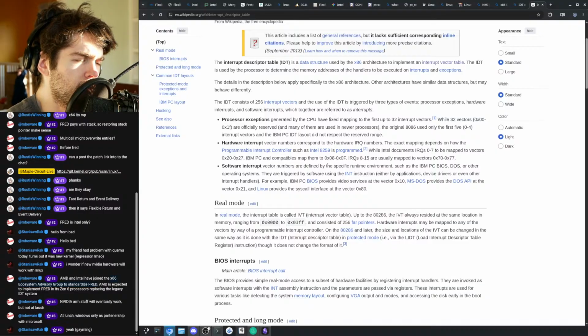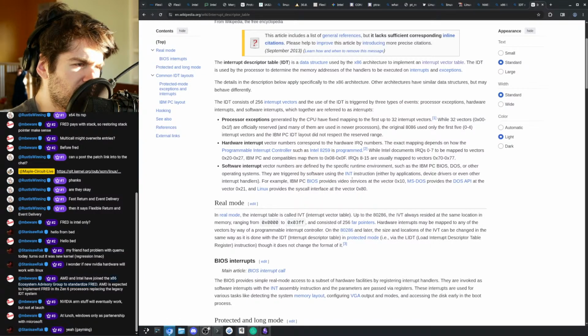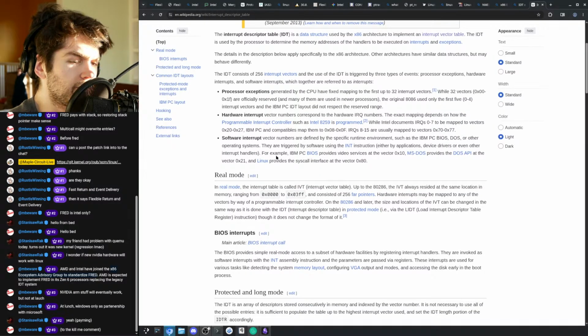So the motherboard. While Intel documents IRQ 0, the motherboard for old systems, probably integrated now. While Intel documents IRQs 0-7 need to be mapped to vectors 0x20 to 0x27. Okay, they're mainly talking about old stuff here.